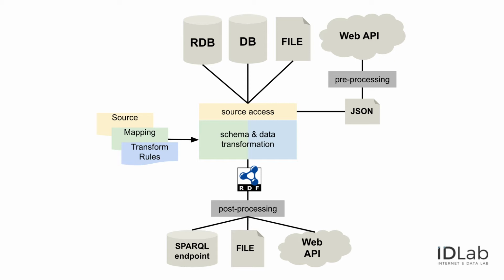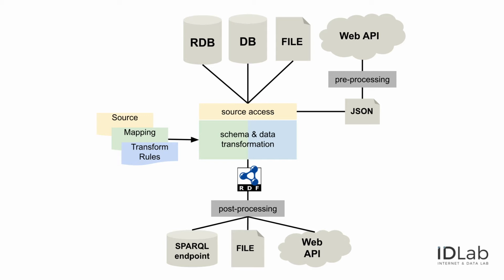However, these descriptions do not contain web APIs or streams as a possible data source. If you want to access a web API or stream, you need to use a pre-processing script that transforms the web API into a format that your source access description understands.